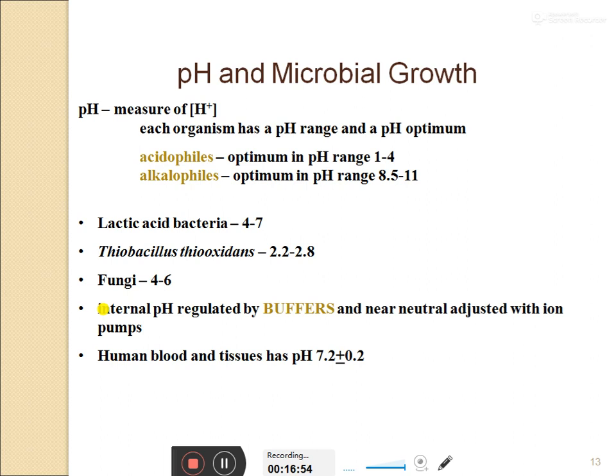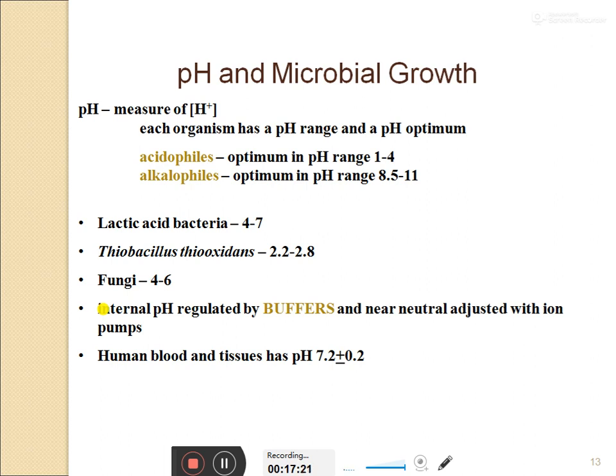The next factor that affects the growth of microorganisms is the pH. pH measures the H plus ions. Each organism has a pH range and pH optimum.